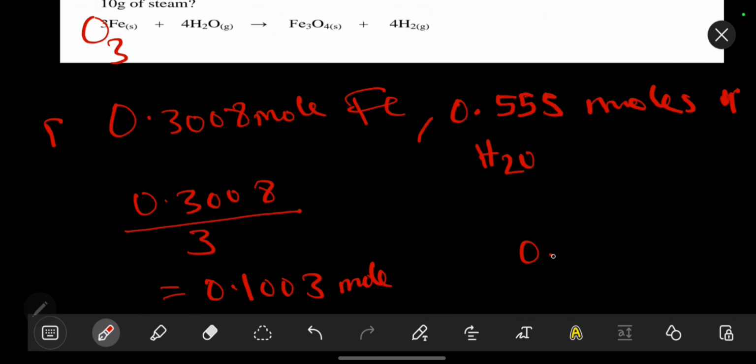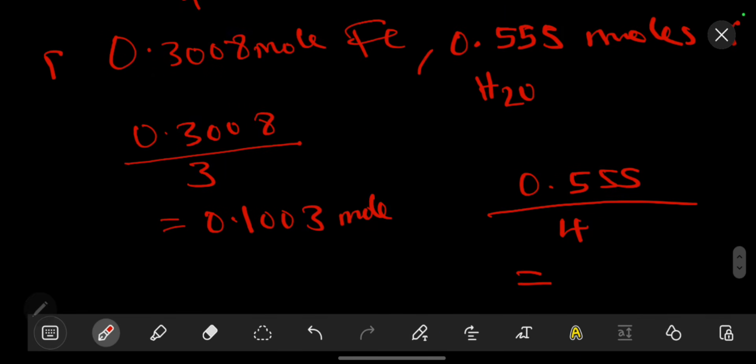Then look at the steam. You write 0.555 and divide it by the 4 that is there. 0.555 divided by 4 gives us 0.13875.